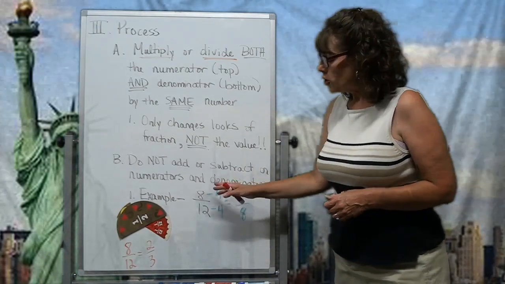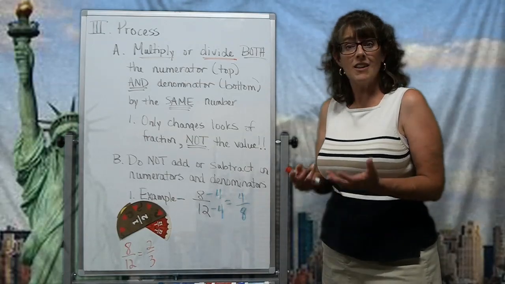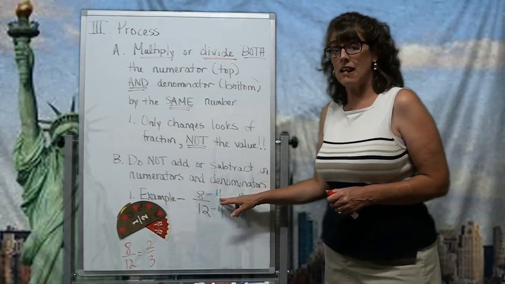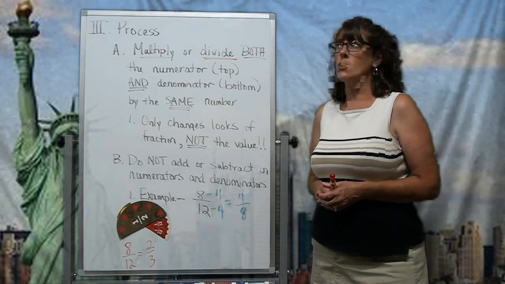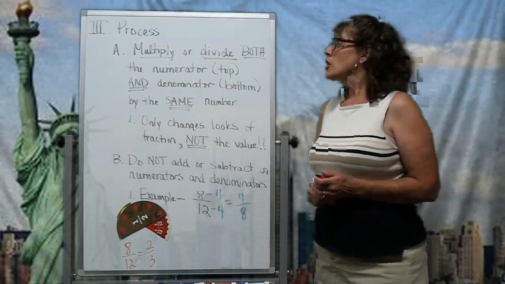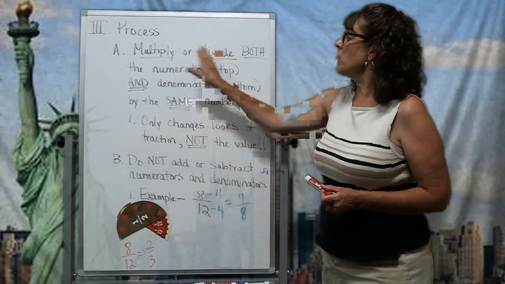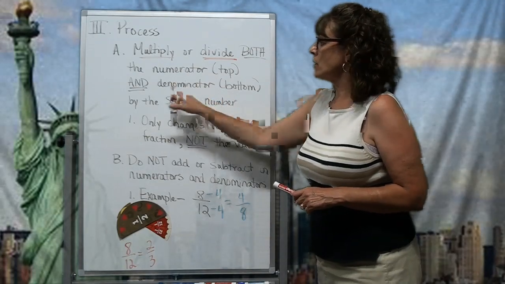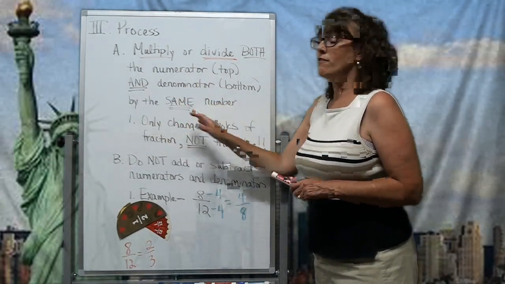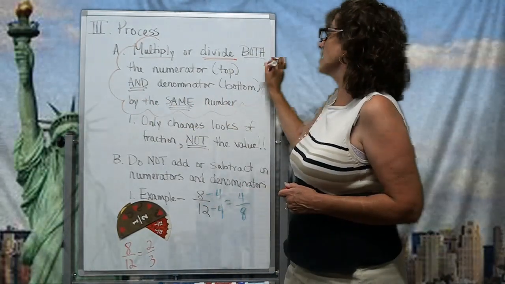If I took that 7 and added 1, do I change value? Absolutely, it becomes 8. So in order to not change value, it has to be multiply or divide both the numerator and denominator by the very same number. This is key right here. Here is the process for creating equivalent fractions.